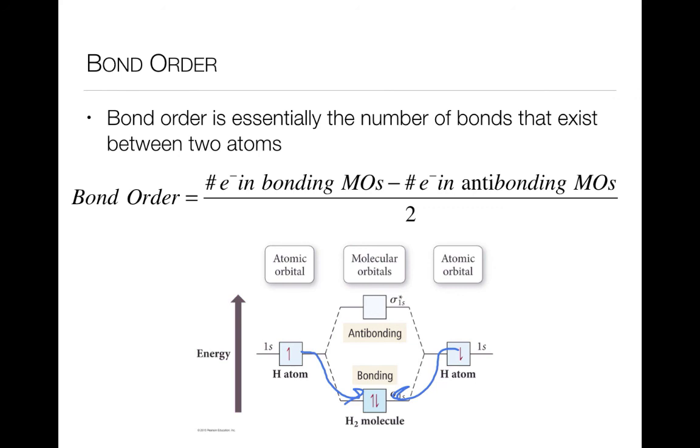Now if we apply these values into our bond order equation, we would have 2 electrons in bonding orbitals minus 0 in anti-bonding orbitals. So we have 2 minus 0 over 2, and that would give us a bond order of 1, which is exactly what we expect for this molecule, a single bond.